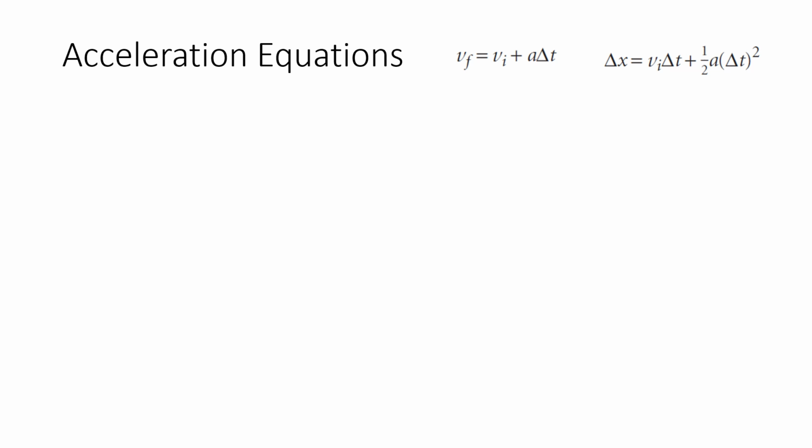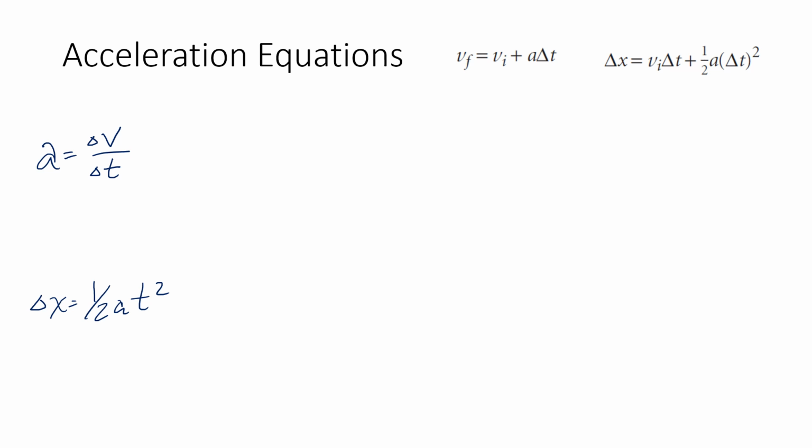Before we introduce the new equations, let's remind ourselves of the old equations. We have two for acceleration. Number one, acceleration is equal to change in velocity over change in time. And we know that displacement is equal to 1/2 a t squared, right?